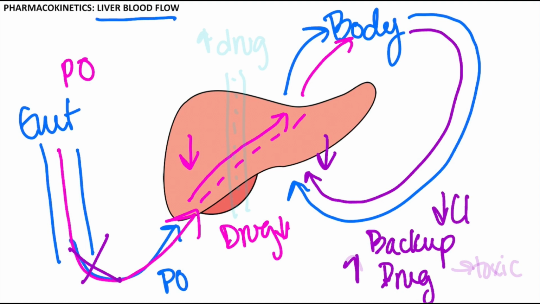So the drug builds up in the circulation, waiting to enter the liver, leading to the risk of elevated drug levels and toxic effects. And lastly, if liver damage is significant enough in which a shunt is required to redirect blood flow in the liver, any drug traveling through the shunt will not be taking its normal path through the liver to be metabolized and can also lead to increased drug levels and potentially toxic effects.